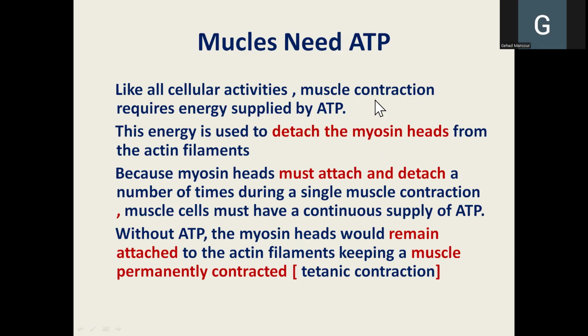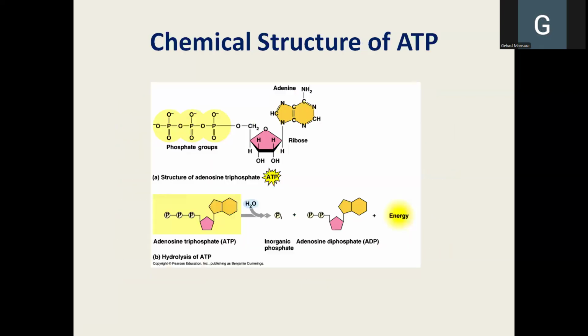Because as you know, when the muscle does not receive enough oxygen, or when the muscle has a relative deficiency of oxygen, it will undergo anaerobic cellular respiration and produce lactic acid in a process called lactic acid fermentation. And lactic acid would stimulate the nerve endings and cause pain, cramps, and soreness. And we will be talking about this in detail very soon.